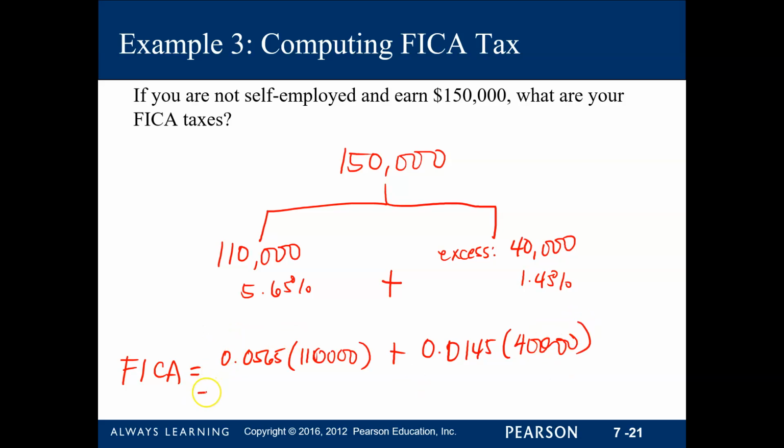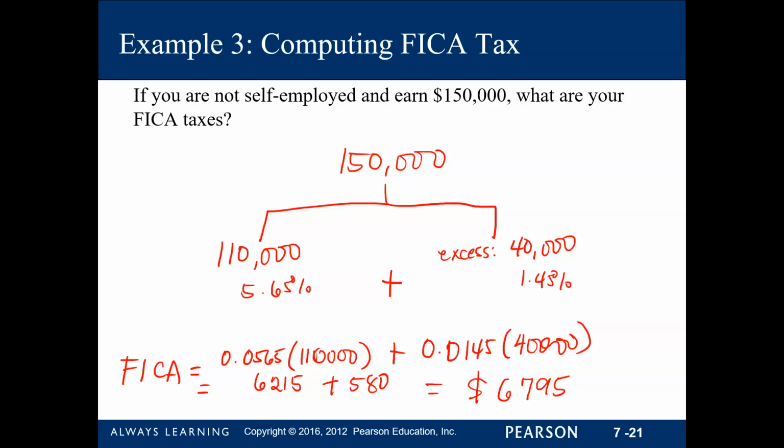This amount will be 6,215 for the first part, and then 580 on the 40,000. So the total FICA tax will be 6,795. So that's how you will be solving for the FICA taxes. It's a lot easier than the income tax.